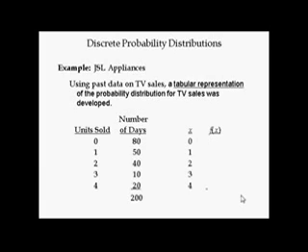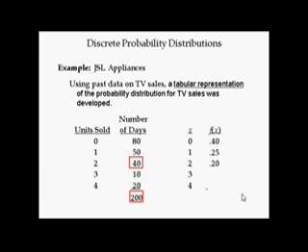If we define the number of TVs sold as a random variable, denoted by the letter x, then f of 0, or the probability the store sells 0 TVs, is 80 divided by 200, which equals 0.40. F of 1, or the probability the store sells 1 television, is 50 divided by 200, which equals 0.25.